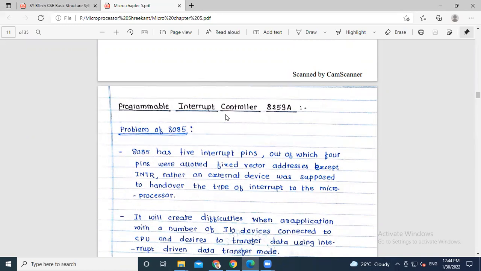In this 8259 context, the 8086 has five main interrupt pins, out of which four pins were allotted for external devices. It was supposed to hand over the type of interrupt to the microprocessor. So by using the 8259, we solve big problems of abnormalities in microprocessor execution.